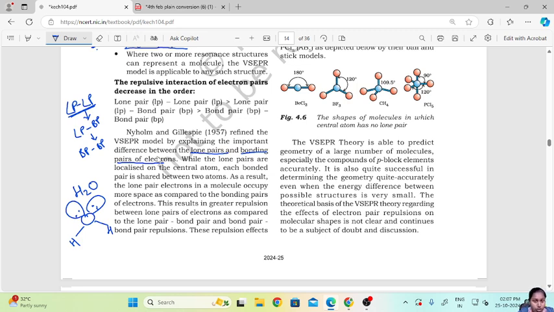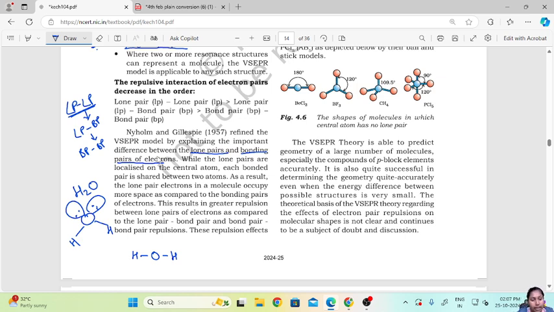Hence the structure of water, as I already told you, according to its chemical formula it should have a linear structure, but because of the presence of these lone pairs there is more repulsion between the lone pairs, which pushes the hydrogens downwards, so that the lone pairs can arrange themselves in such a way that the repulsion between them decreases, okay.